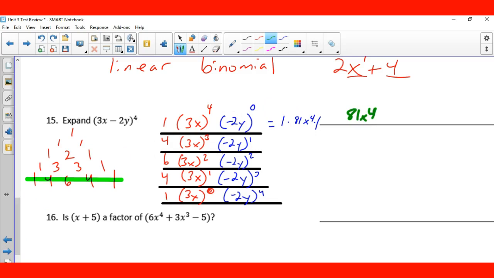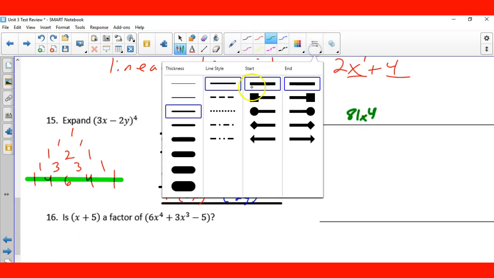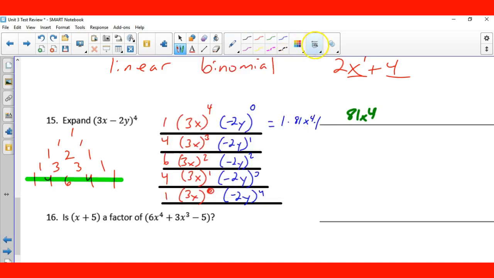Then we're going to do 4 times 3x cubed. That's 27x cubed, times negative 2y. Negative 2y to the first is negative 2y. So we have 4 times 27 times negative 2.